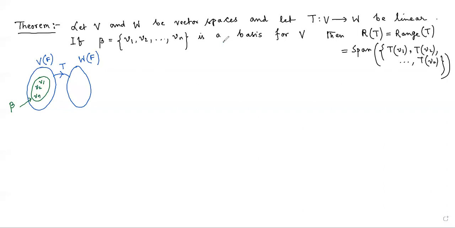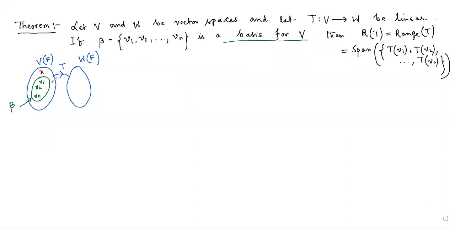And not only this, beta is the basis for the vector space capital V. That means any element of the vector space V, for example, if I choose an element X from here, then this X can be represented as a linear combination of these elements v1, v2, vn. X is an arbitrary element, so any element you choose from vector space V can be expressed as a linear combination of the elements present in beta. This is the meaning of that.